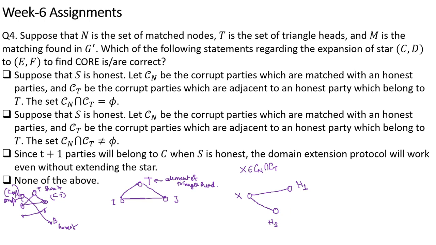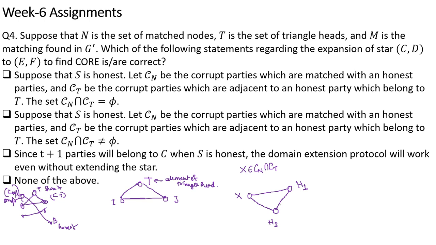This is an honest party, and this is another honest party, which is a triangle head. So if this honest party is a triangle head, then it must satisfy this kind of structure, right?